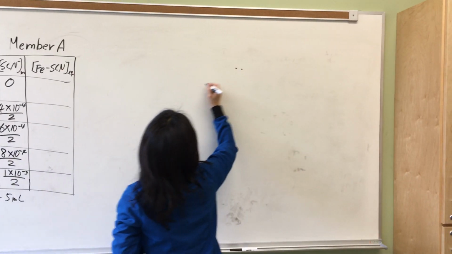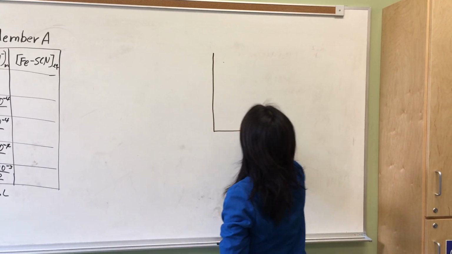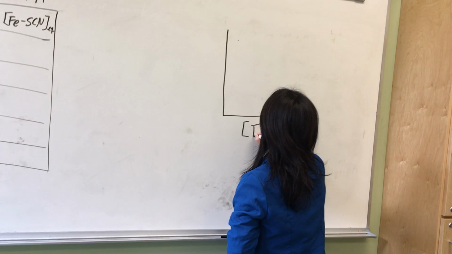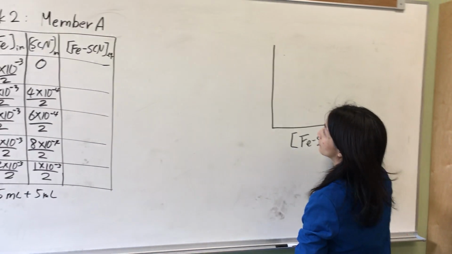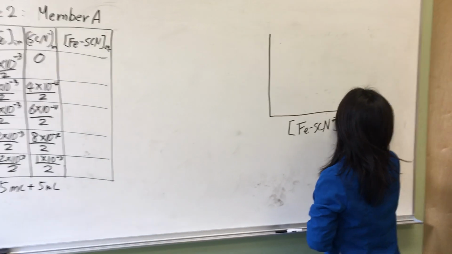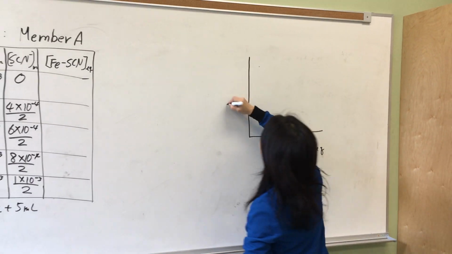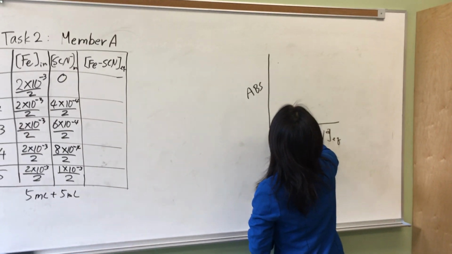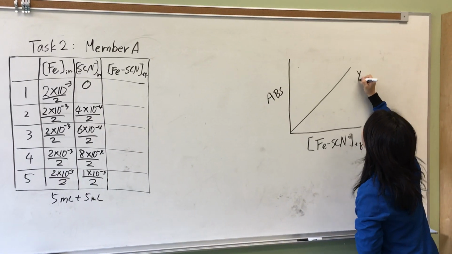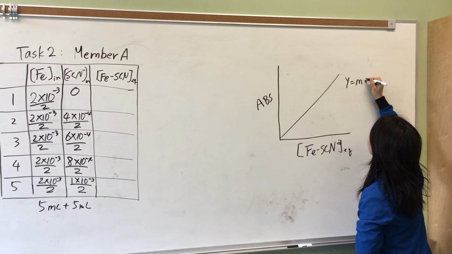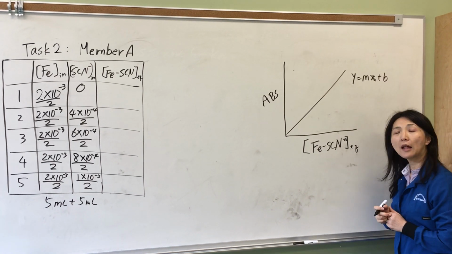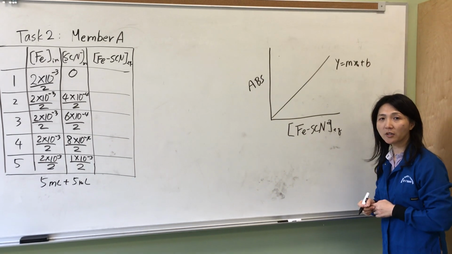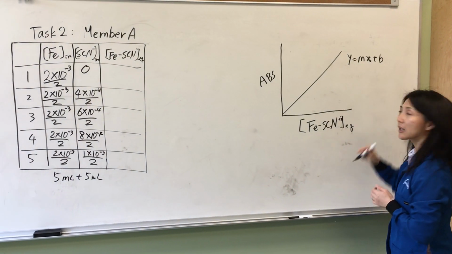Okay? So I'm going to draw the task 1 standard curve here. And then everybody should get the equation on the graph. This one has a y-intercept. Unless you set the y-intercept to 0, that's okay. Just leave it as it is.